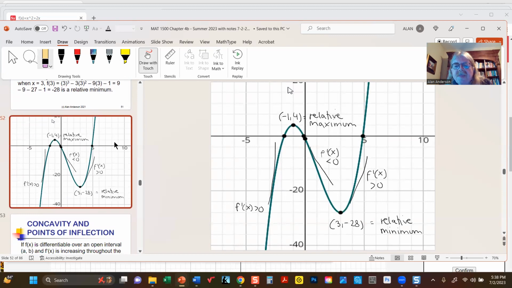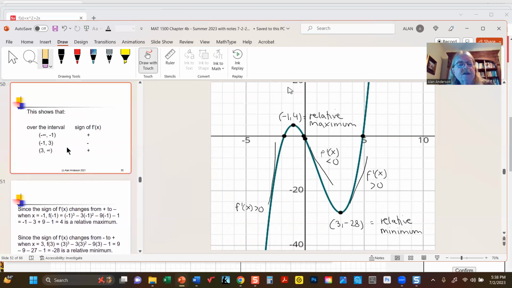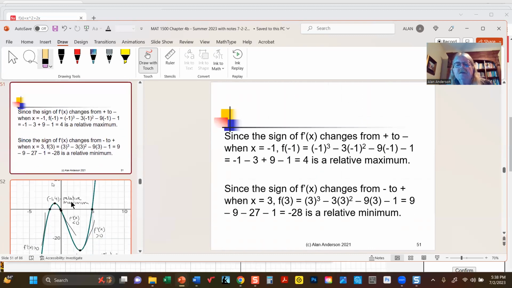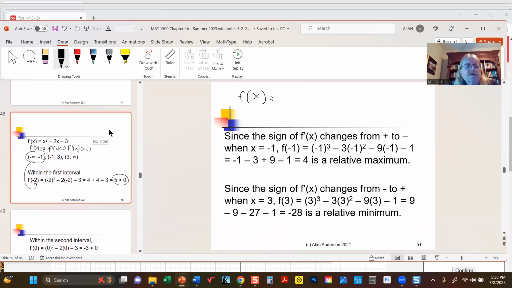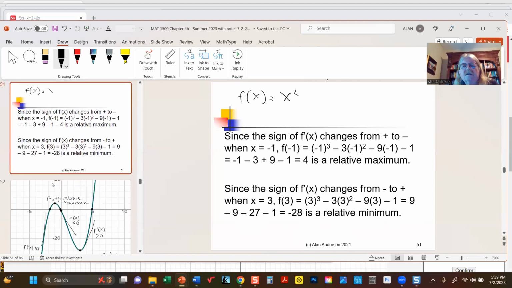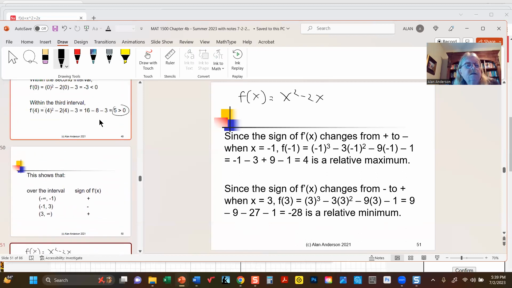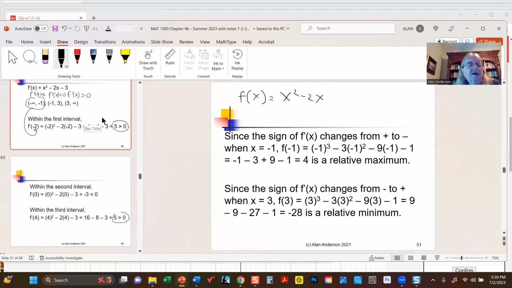You can see that here's our -1. Now, what I did was I plugged these critical values into the original function to come up with the critical points. So f of x, remember, is x squared minus 2x plus 3, minus 3.